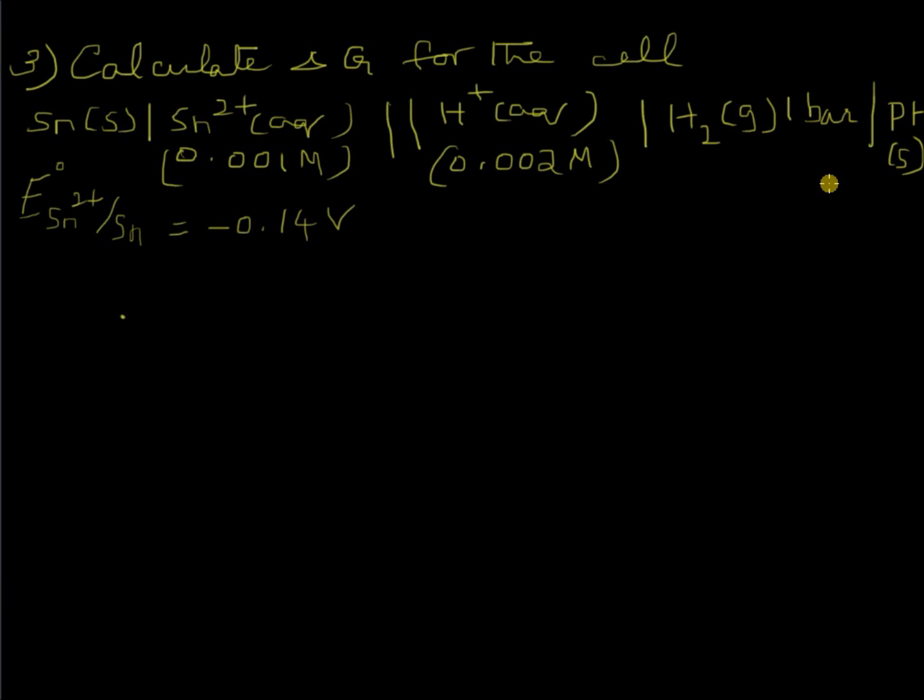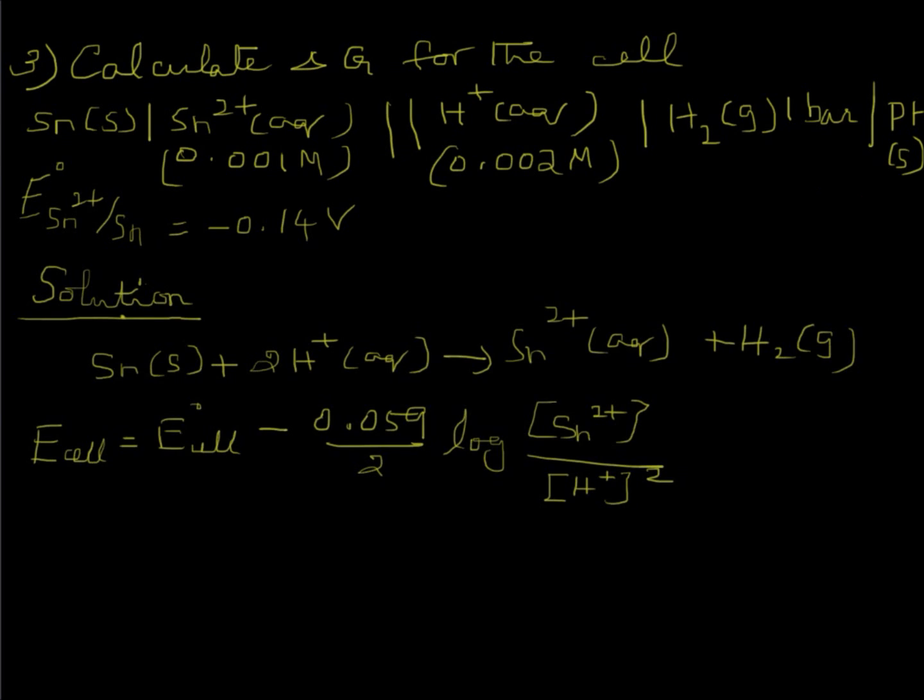In the third problem, you are asked to calculate delta G for the given galvanic cell. How would you proceed? The first step is to write the equation for the cell reaction. After doing that, go ahead to calculate E cell using the Nernst equation. Then using this E cell value and n value obtained from the equation, you can calculate delta G. I advise you to refer to the solution after doing the problem yourself.